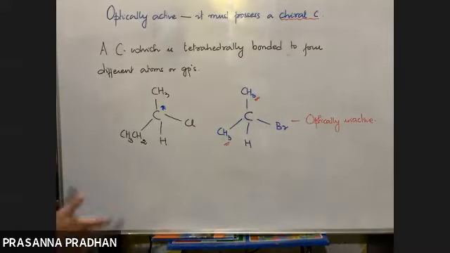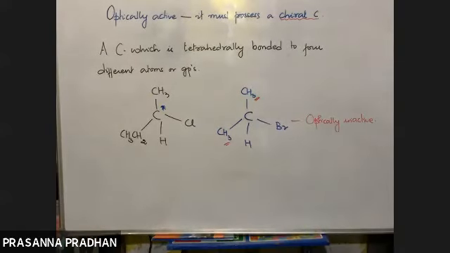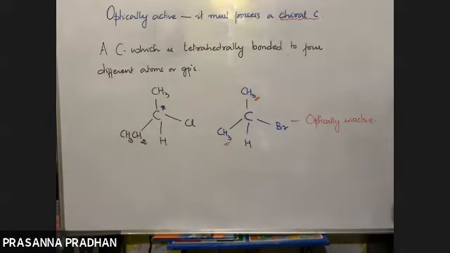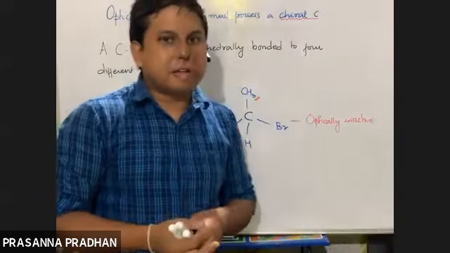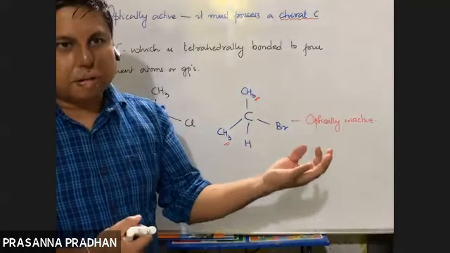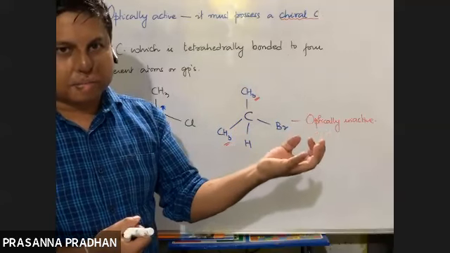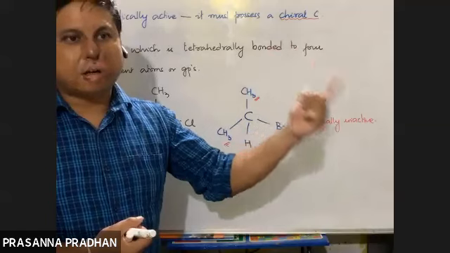Fine, we'll keep our discussion till here. We understood what optical activity means, the conditions for a molecule to show optical activity, what a racemic mixture is, and what dextro and levo are. You should have a preliminary idea about these things. The bottom line is that even if you start with an optically active compound, if it undergoes reaction through the SN1 mechanism, then the products of SN1 reactions are optically inactive.